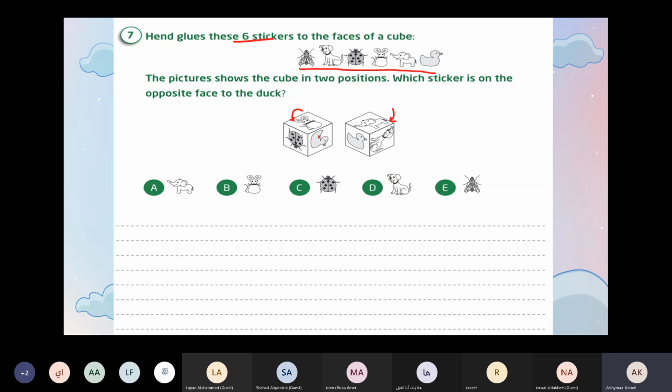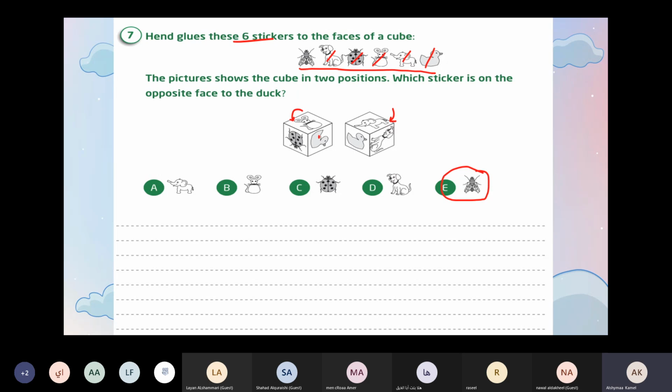Which sticker is not there? That's what I'm looking for. We have the elephant, the dog, the insect, the mouse and the ladybug. So this is the only one we didn't see. So this will be on the opposite side of the duck.